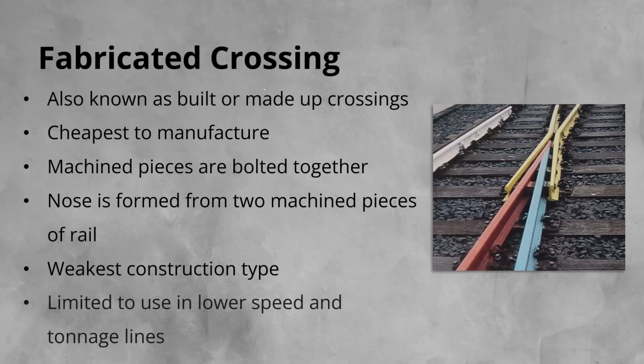In the UK, the use of built-up crossings is limited to track that has a lower speed and tonnage, as well as sidings. Another limitation is that, due to the way they are constructed, they are not strong enough to be stressed, therefore are normally jointed into track. The presence of joints can lead to track geometry faults, such as dip angles and voiding.